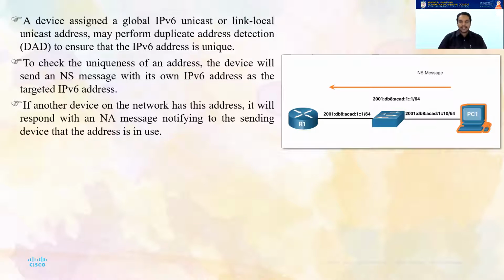What happens here is basically this host is saying that this is my address, hey everybody. So if there is any other device which has the same IPv6 address, it immediately responds with an NA message saying that I already took that, so you can't have it. This is how you actually perform the duplicate address detection. You want to make sure that each and every host will have a unique IPv6 address.